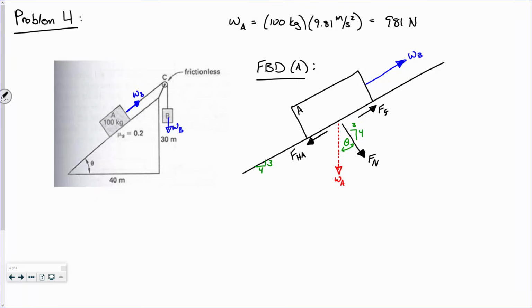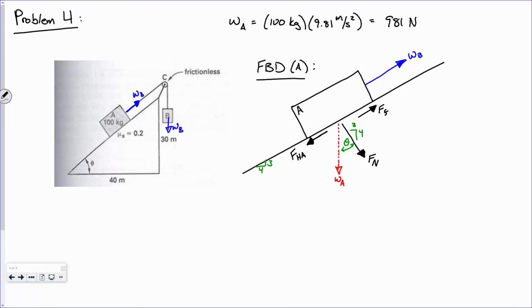Make sense? In other words, this block is normally going to want to slide down the incline, and the friction is what's going to keep it sitting there. Okay, make sense? This F_HA, what's happening here is this block is sitting on the incline. Gravity is pulling the block directly downward, but because the block is sitting on an incline, that gravity load is being split into an XY component. Does that make sense? Okay.